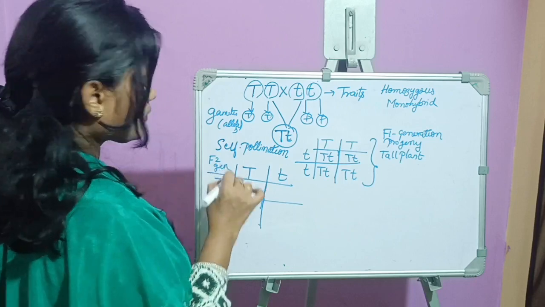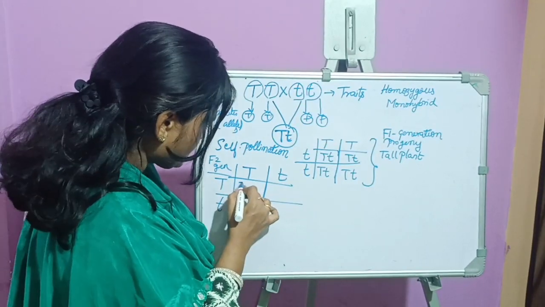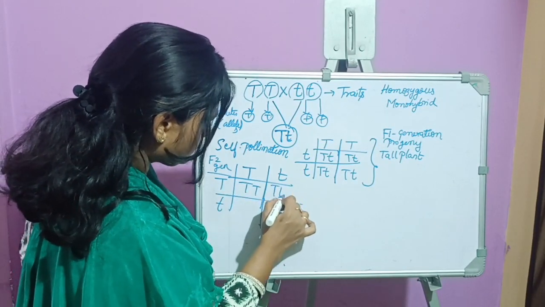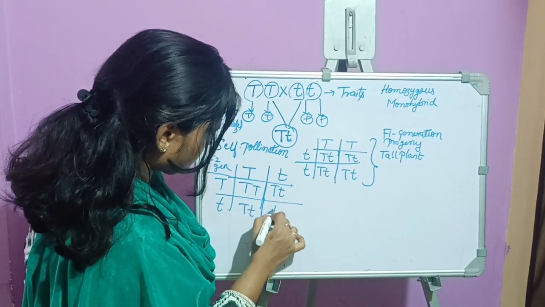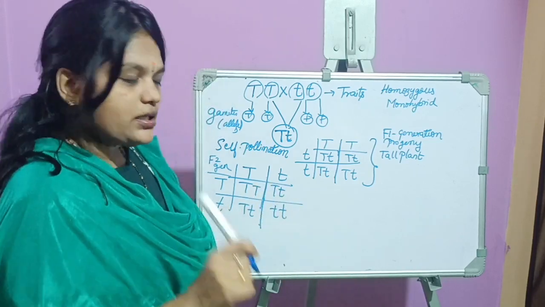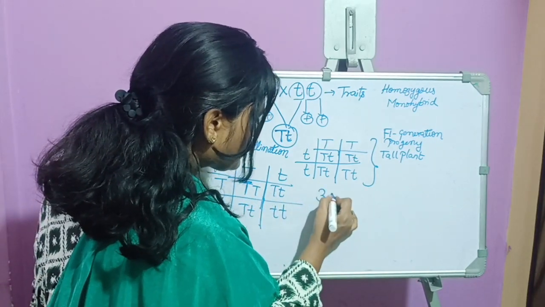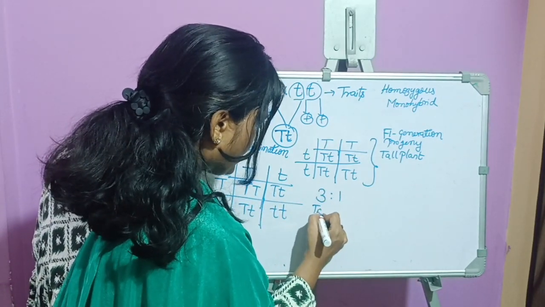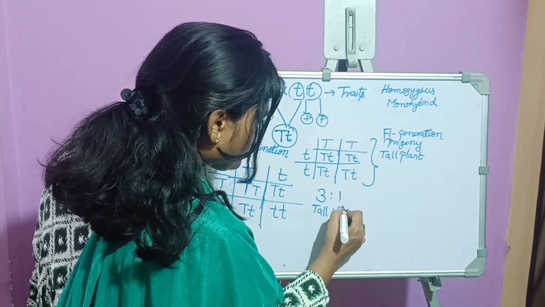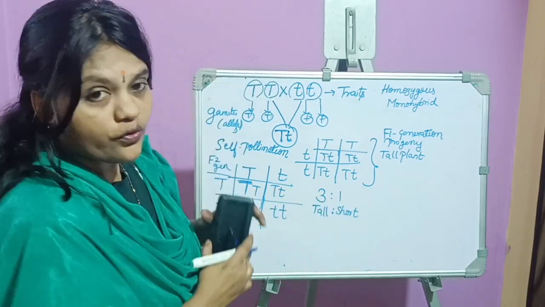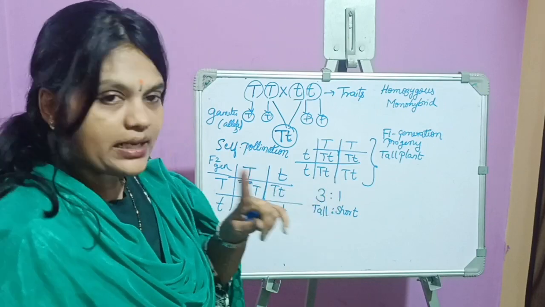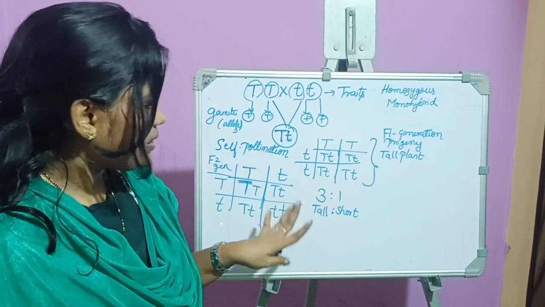In the F2 generation he got tall plants. Out of 4 plants, he got 3 tall plants and 1 short plant.